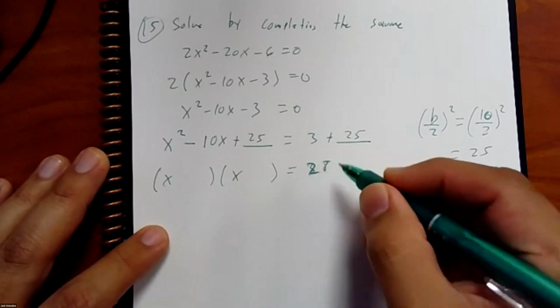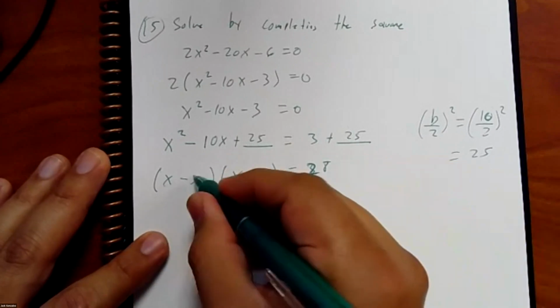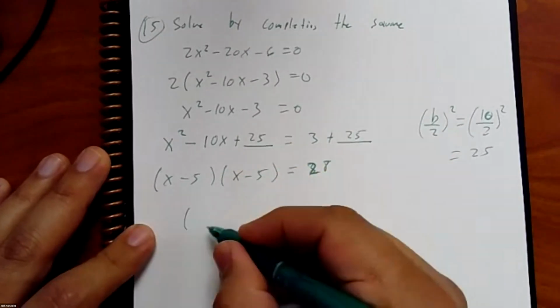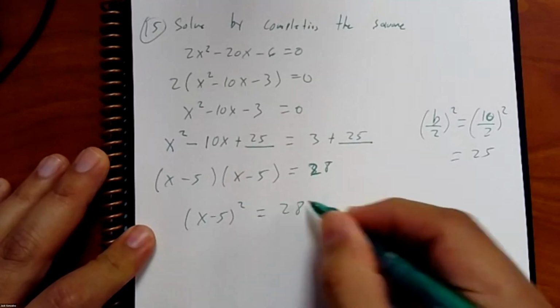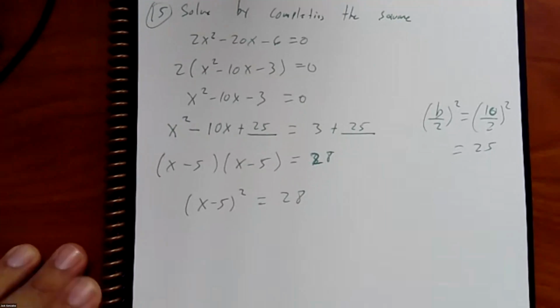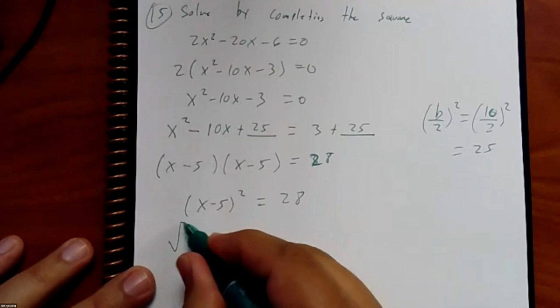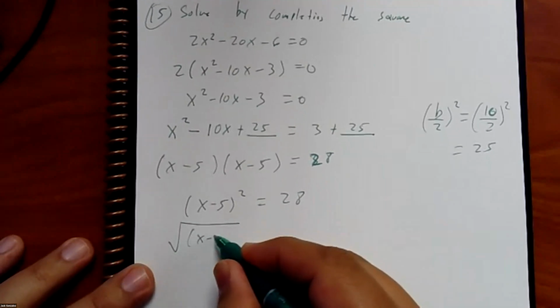So this will now be a perfect square. Minus 5 minus 5. So x minus 5 squared is equal to 28. Square root both sides, and we're pretty much done.